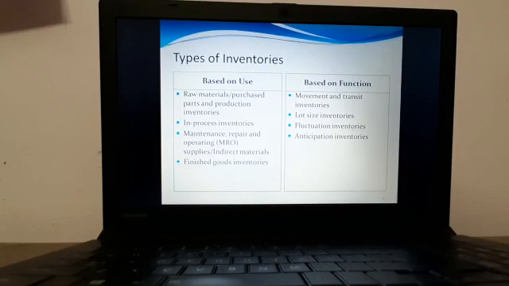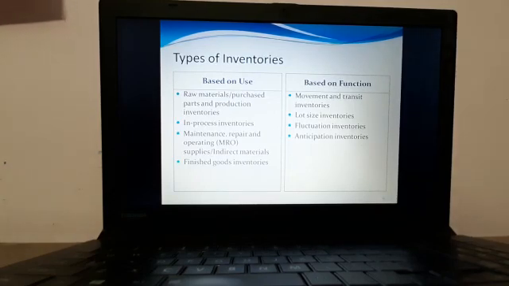Another major type of inventory is classified based on function. Whenever a product is being utilized in one of the companies, say X, for which we have a material, say B, which is going to be utilized in this product, if that is being transported from one place to another, this movement or transit of inventories is classified based on function.